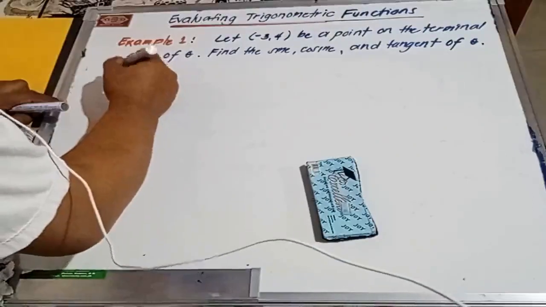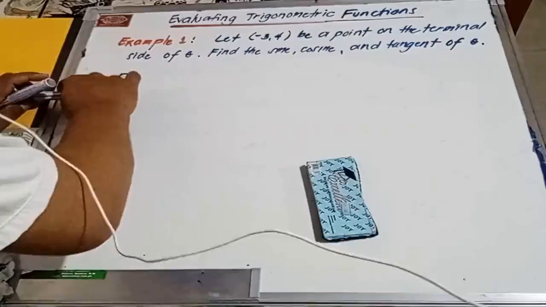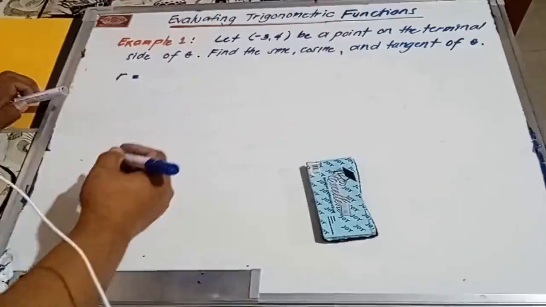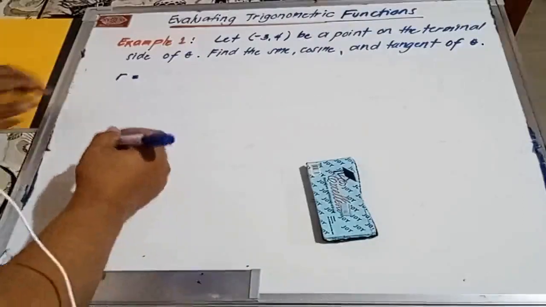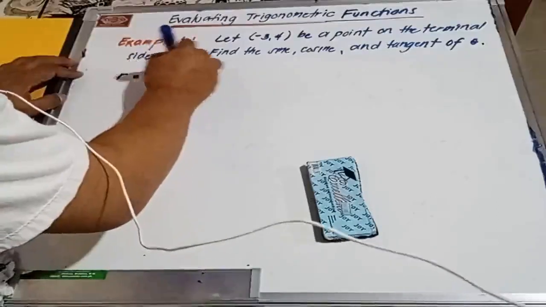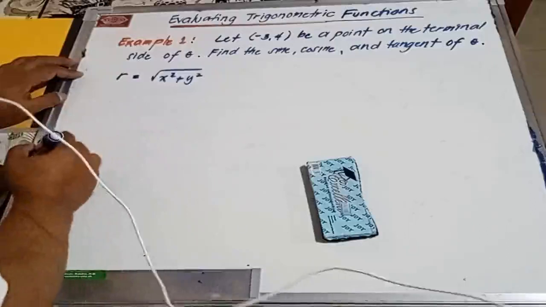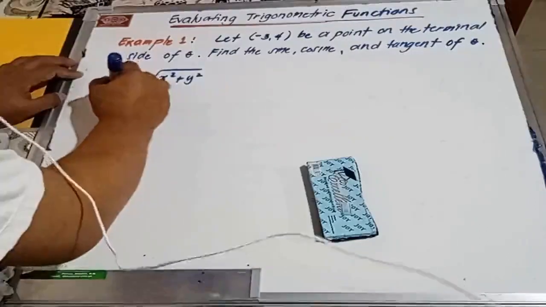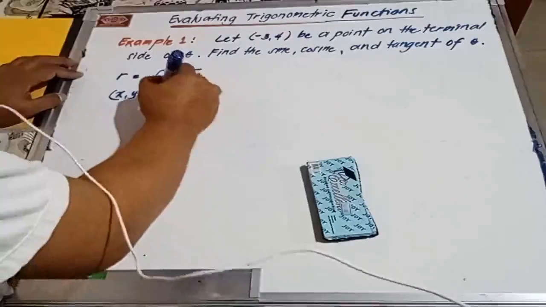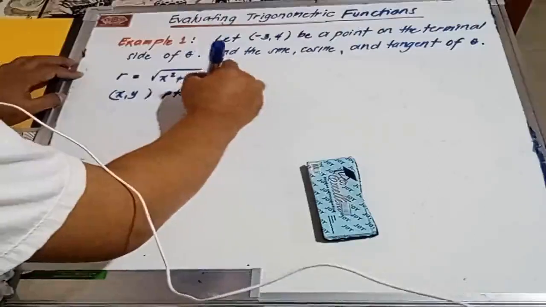In solving for r, yung r natin, yun yung length o distance between the origin and the point. Okay? Ito yung terminal side natin. And the formula is square root of x squared plus y squared. And yung x, y natin, yun yung point on the terminal side.